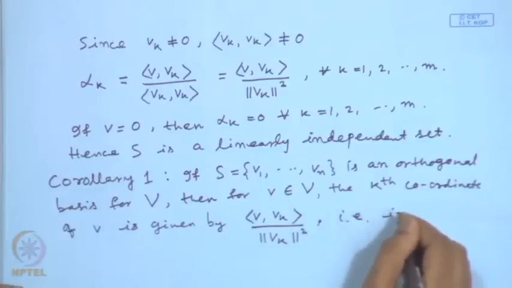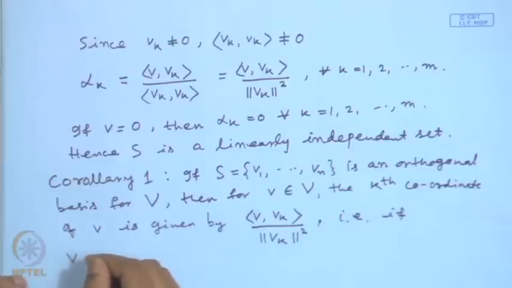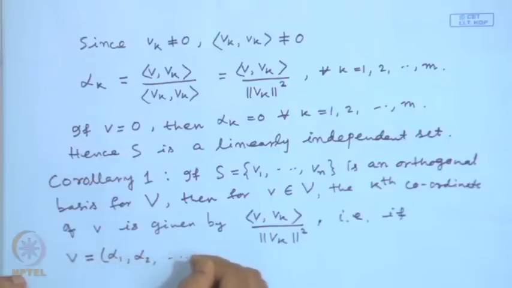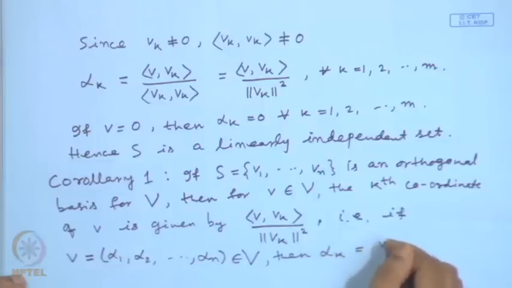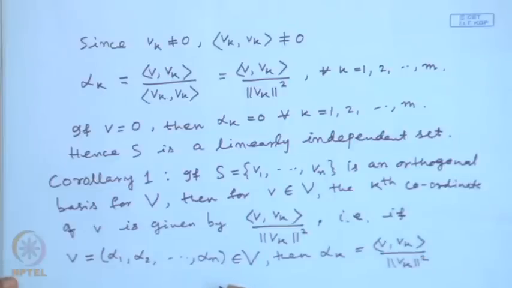That is, if v is equal to alpha 1, alpha 2 to alpha n, then this kth coordinate alpha k is given by the inner product of v and vk divided by vk norm square. So, in an inner product space, whenever we have an orthogonal basis, the coordinates can be determined by this formula.